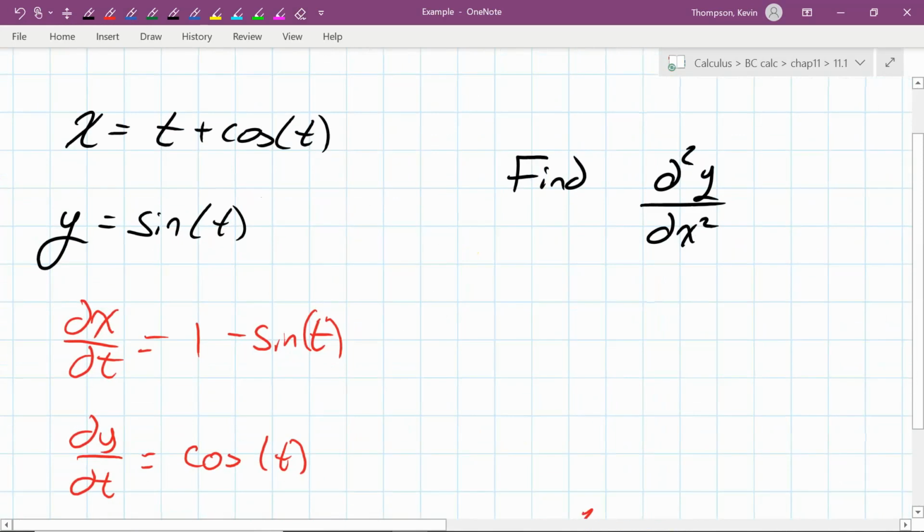And I would suggest you don't memorize the formulas for the first and second derivative of parametrics. It is not worth it. You should really just be able to do chain rule or implicit differentiation and get the answer. So I'm going to flip off of the formula. Everybody have it for the length of the curve?